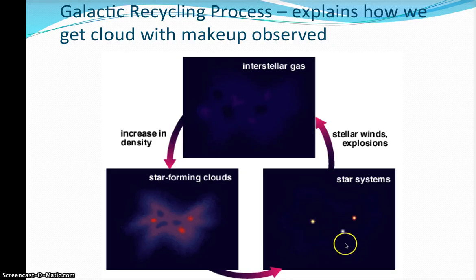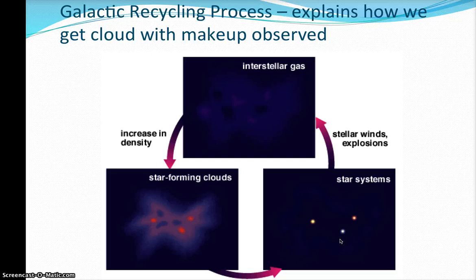Within the stars, as they're fusing materials to make their energy, they're actually creating heavier elements. This is something we'll learn about at the very end of the class. During the Big Bang, we believe that the materials formed at the instant of the Big Bang were hydrogen and helium.